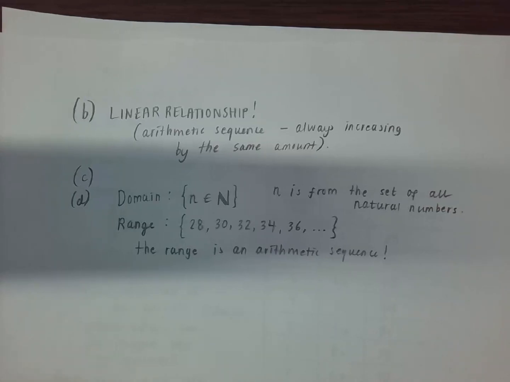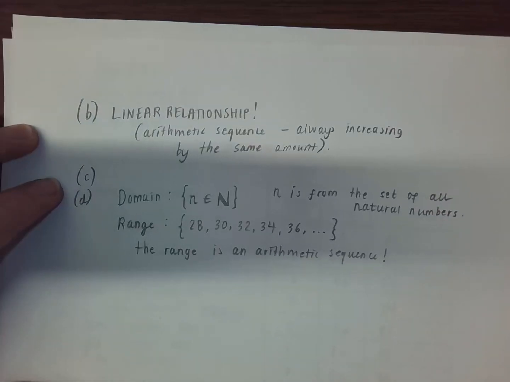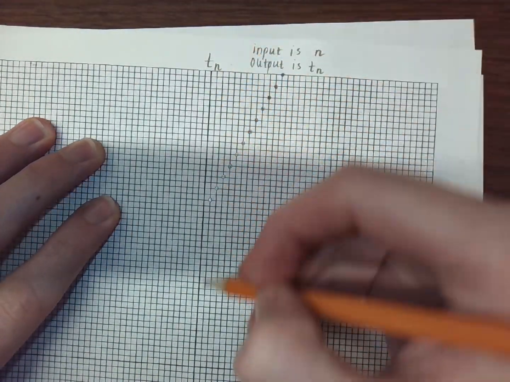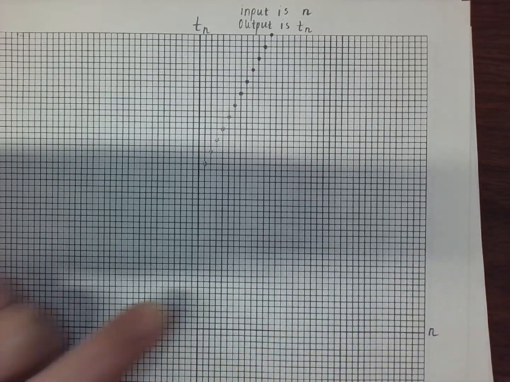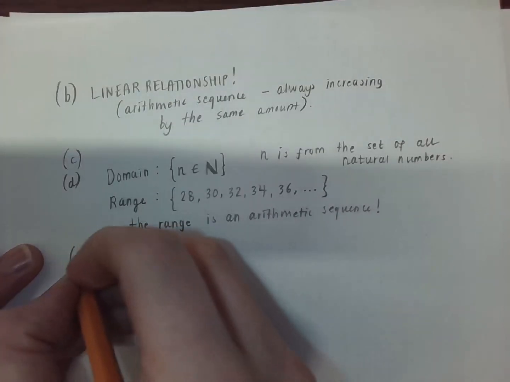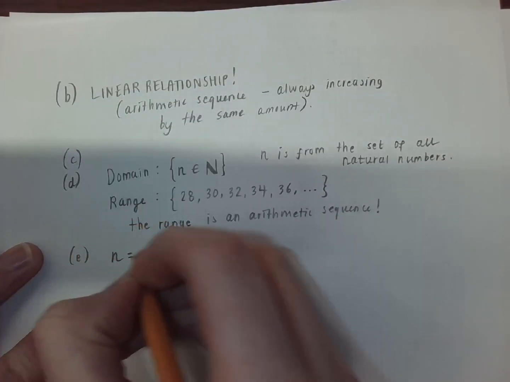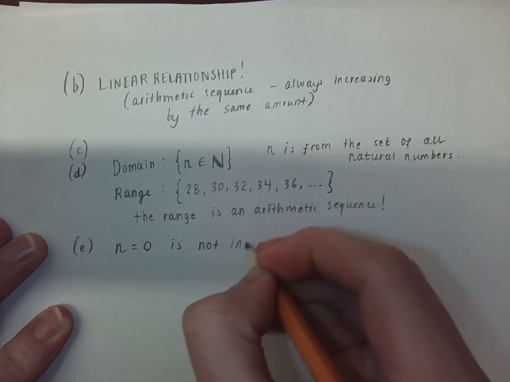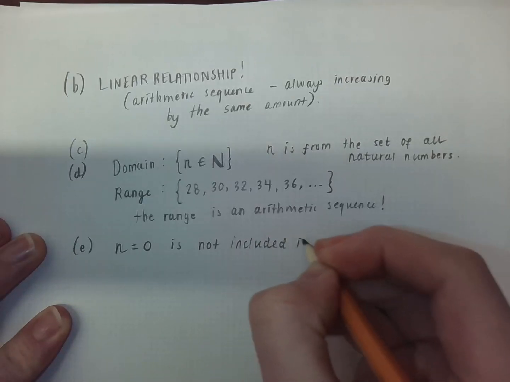Part E says, why does the graph not have an intercept? Well, the graph doesn't have an intercept on the vertical axis because n cannot be 0. N equals 0 is not included in the domain.